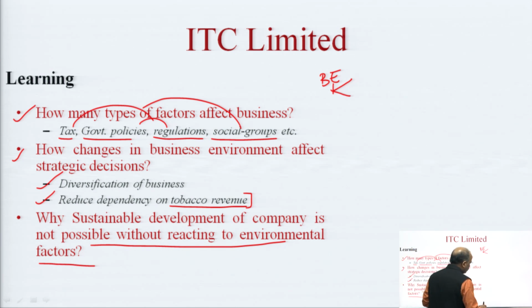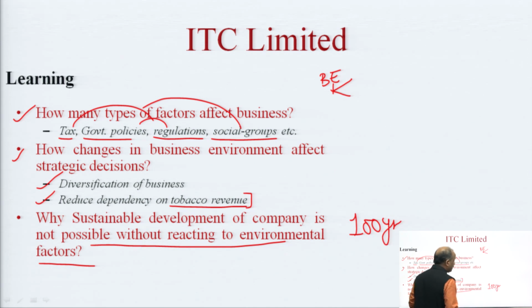As I said, what does it take for a company to live for more than 100 years? It takes constructive interaction, handling the strategic issues, and ITC has done it very well so far.